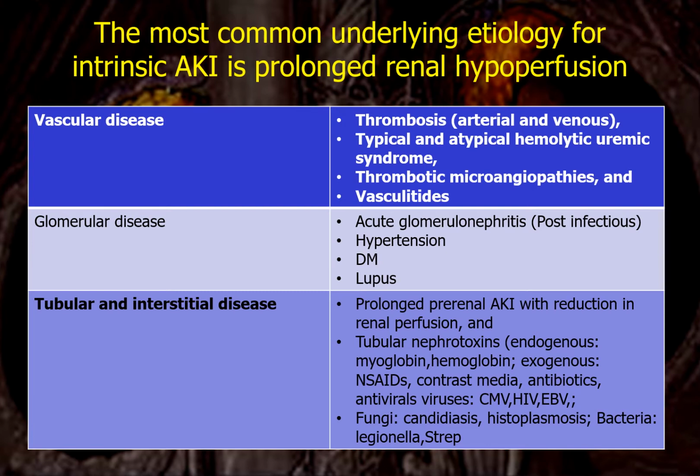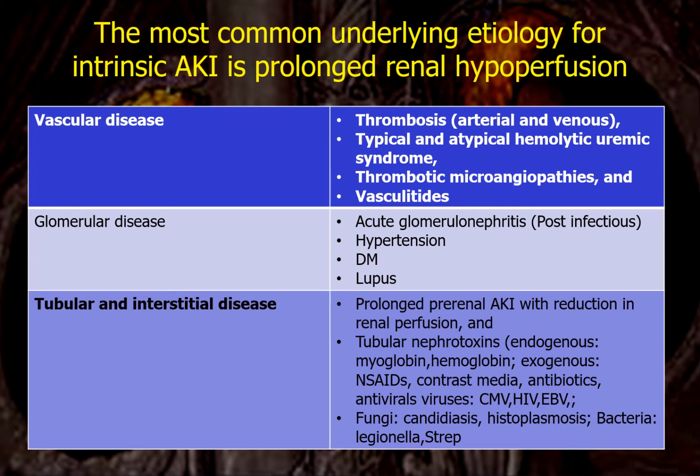Intrinsic acute kidney injury can be classified further into disorders that affect the kidney vasculature, the glomerulus, the tubule, and the interstitium. Causes of tubular and interstitial disease in children include infections and adverse reaction to drugs.